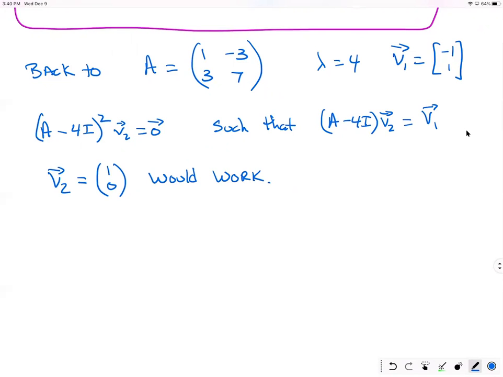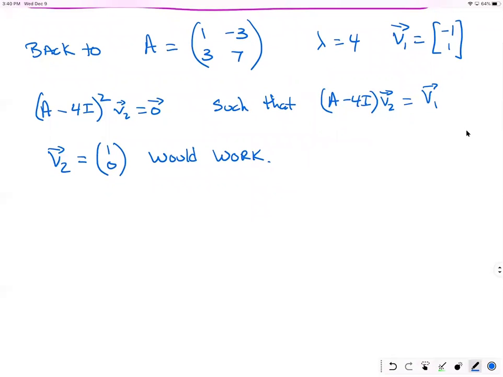So that would work. So if I did that, I would have (A minus 4I), A minus lambda I, squared times (1, 0). Does that indeed equal (0, 0)? Well, yes, it does, because if I do A minus lambda I and square it, I get the zero matrix.